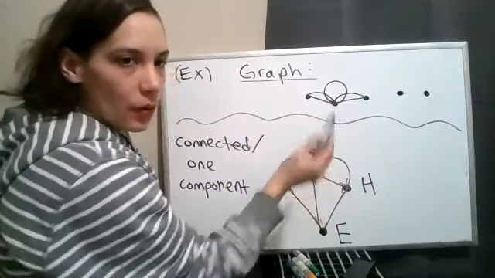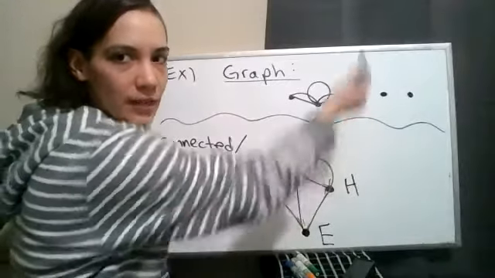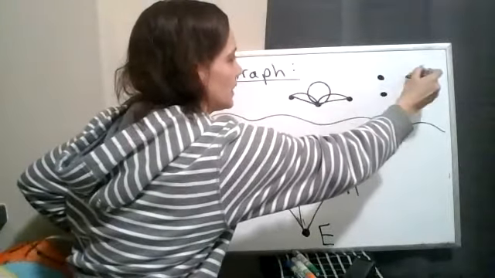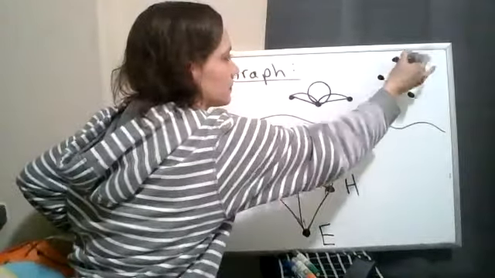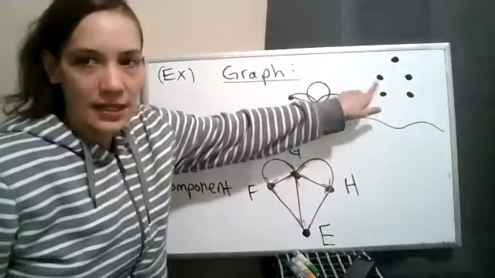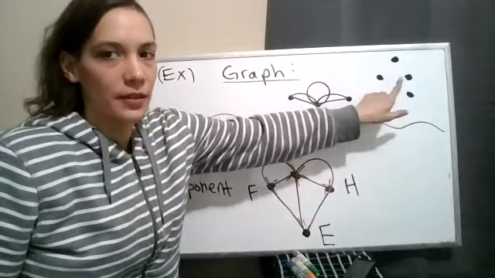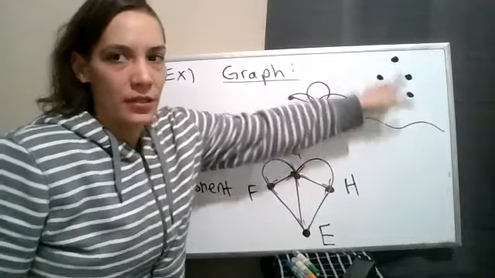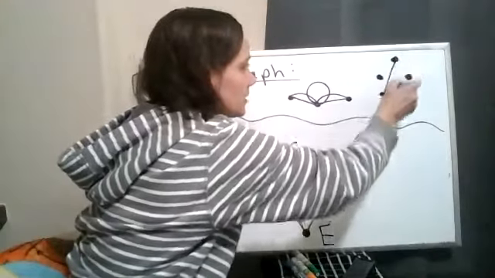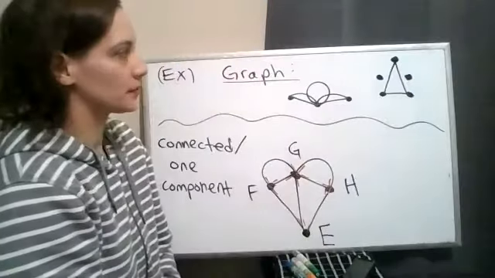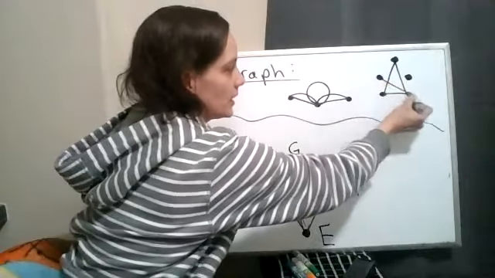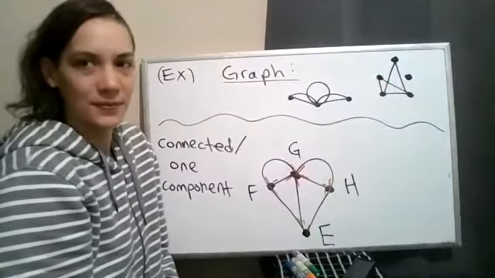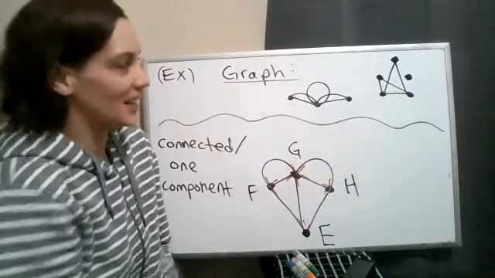There's 1, 2, and then let's go straight up and put 2 more vertices. Okay, this piece has 1, 2, 3, 4, 5 vertices. We're going to make a triangle right here, and a triangle on this side, and a triangle from that side.